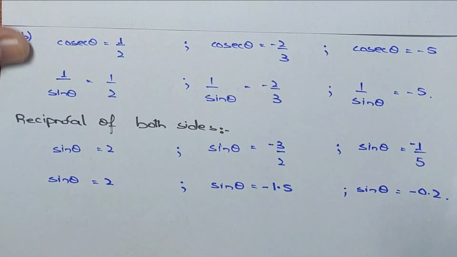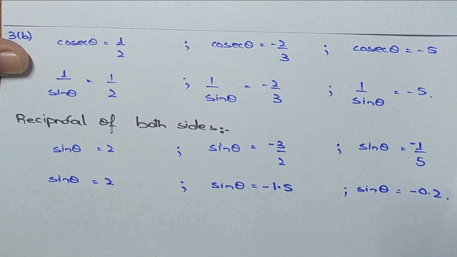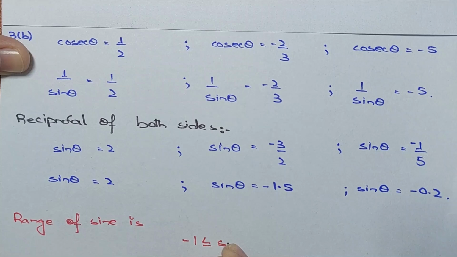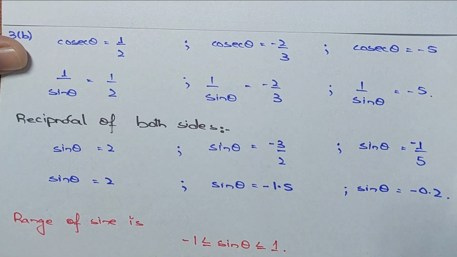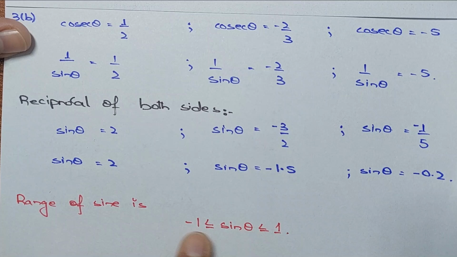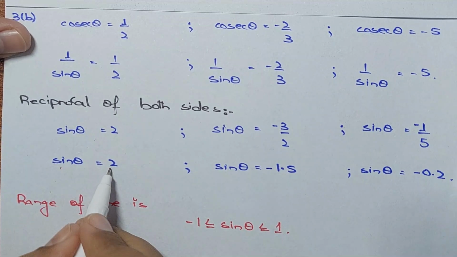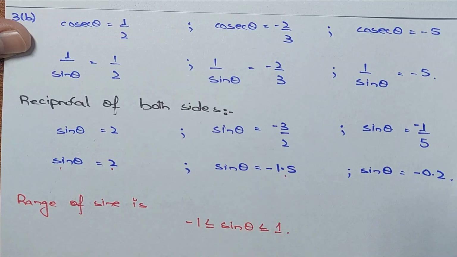So as you can see, range of sine is minus 1 is less than equals to sine theta is less than equals to 1. So when the value of sine is between minus 1 and plus 1, its value is possible, right? So this value is 2. This value is minus 1.5.